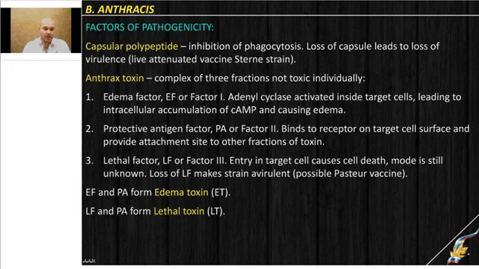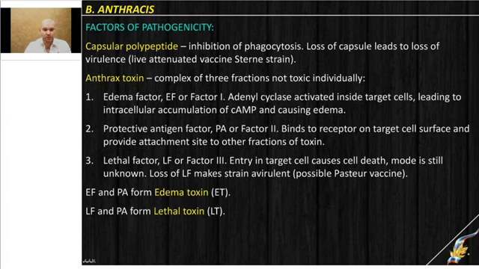But anyway, factor 2, the second factor, protective antigen, or PA, is actually the B subunit of the toxin. It is responsible for recognition of human cells and binds to the receptor of the targeted cell and makes an entry for edema factor or lethal factor of the toxin.